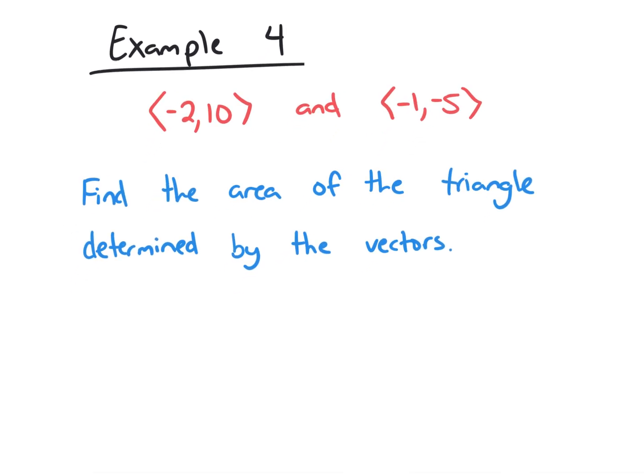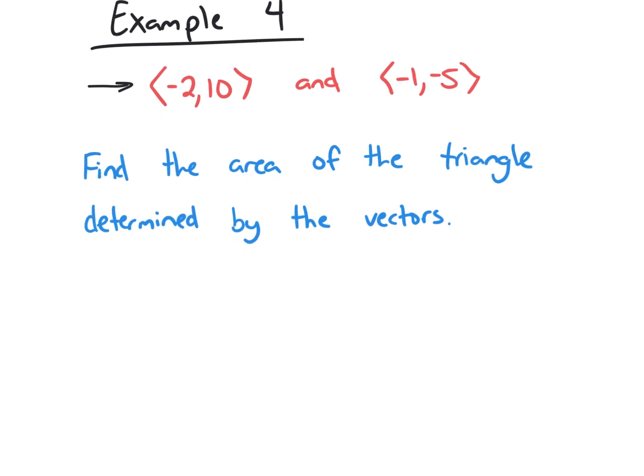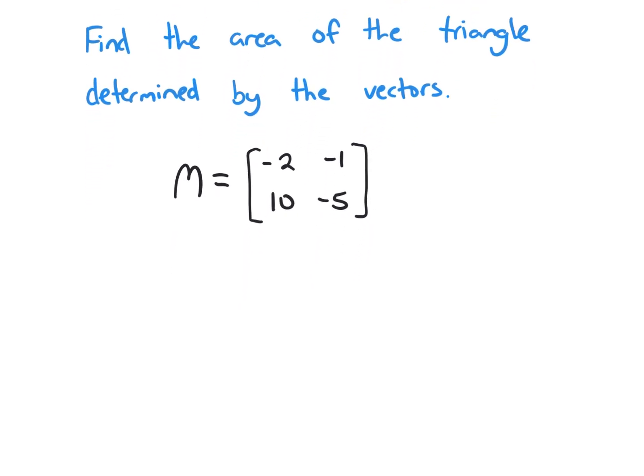First thing I want to do, it wants us to find the area. But can I find the area when the vectors look like this? No. What should I do first? Put them in a matrix. Yep. So this turns into -2, 10, and -1, -5. I turn my two vectors into a matrix.